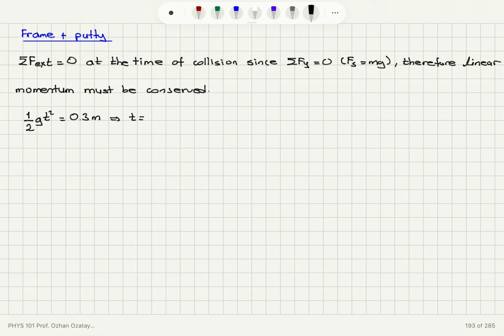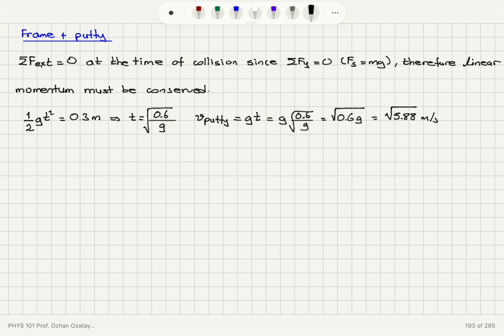Therefore, the time of flight would be square root of 0.6 divided by g. And the final speed of the putty as it hits the frame will be gravitational acceleration times the time of flight. So it's g times square root of 0.6 over g. That will be square root of 0.6 g. That gives us square root of 5.88 meters per second.